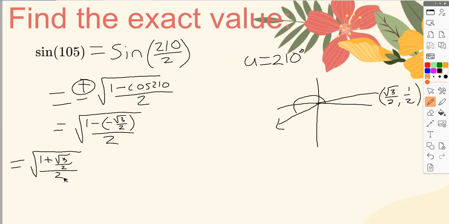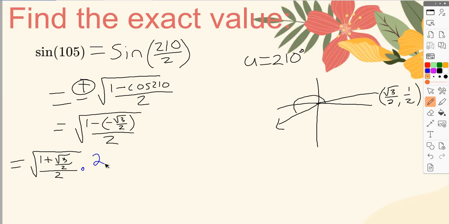And again, it's not the end of the world if we leave our answer like that. We tend to like to rewrite it so I don't have a fraction within a fraction. Yes? So how could I get rid of this divided by 2? I can multiply by 2, but am I allowed to just multiply by 2 because I feel like it?